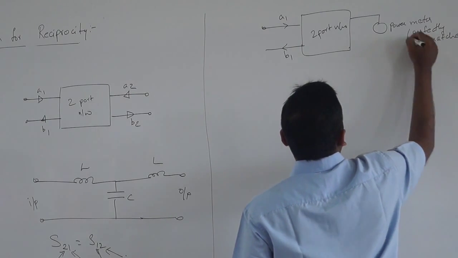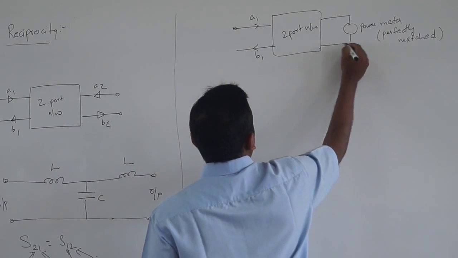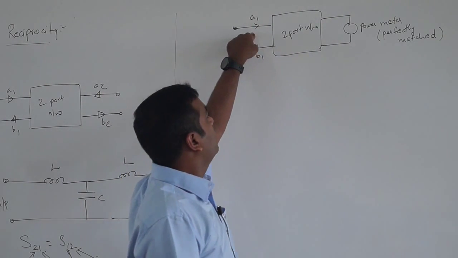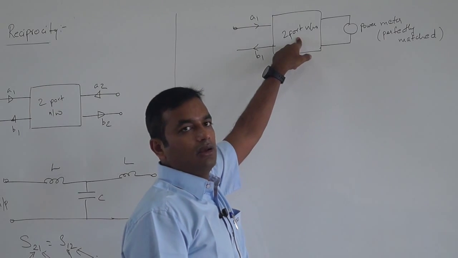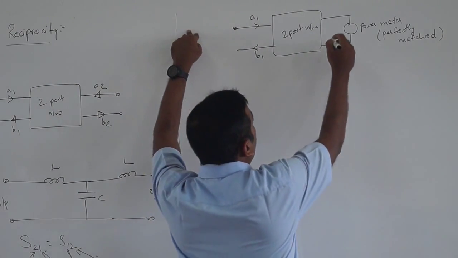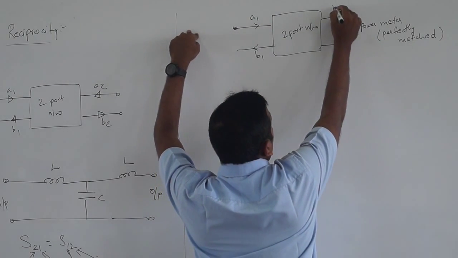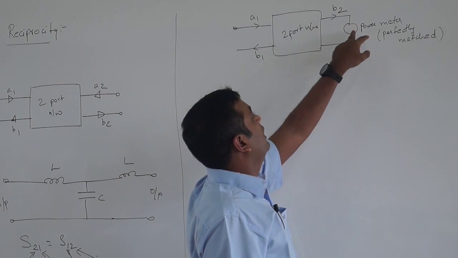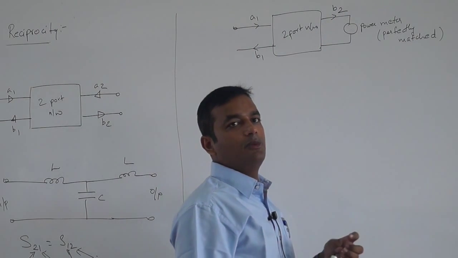If I provide an input at A1, the output of the two-port network, which will be B2, enters the power meter, and the power meter absorbs all the power.